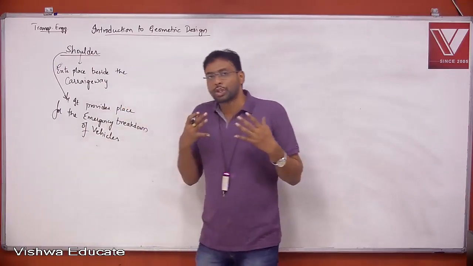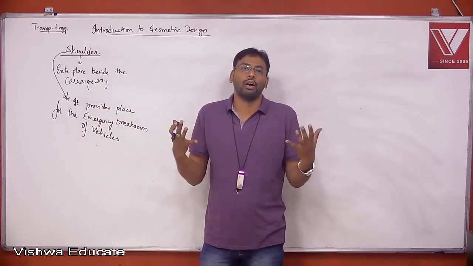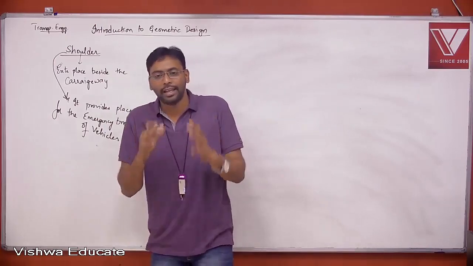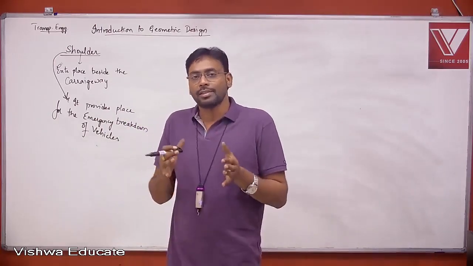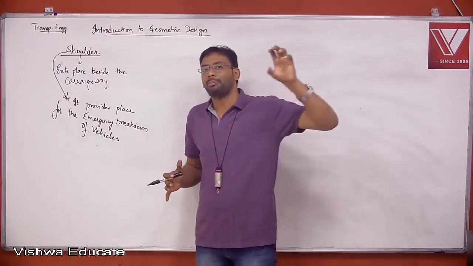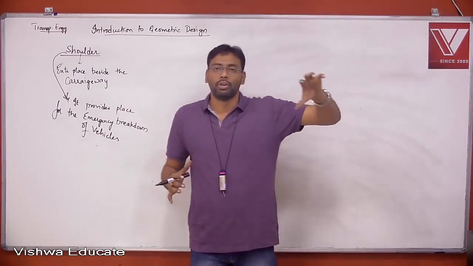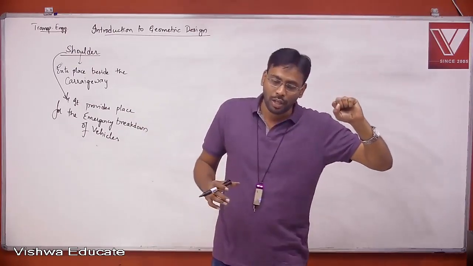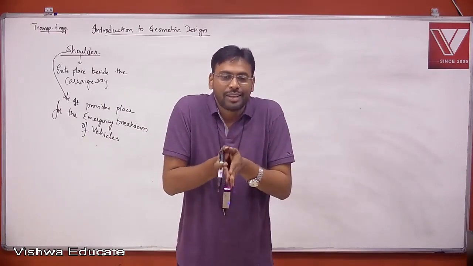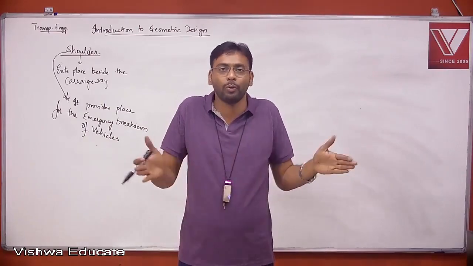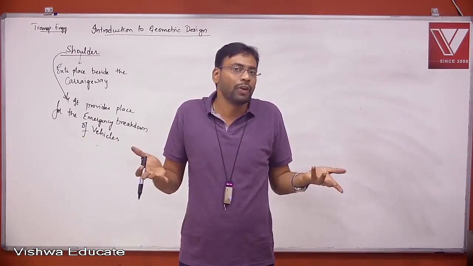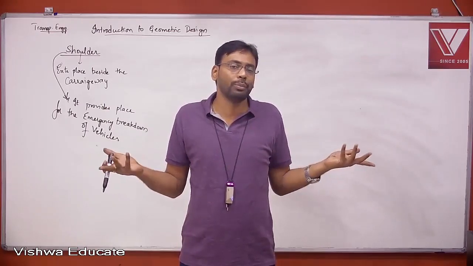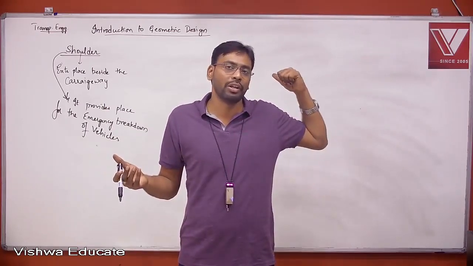Now, what should be the width of the shoulder? Again, common sense. As I said, you should be able to park your vehicle on the shoulders. So it should be able to take one vehicle, right? So what is the width of one vehicle? 2.44 meters, which I've already discussed.